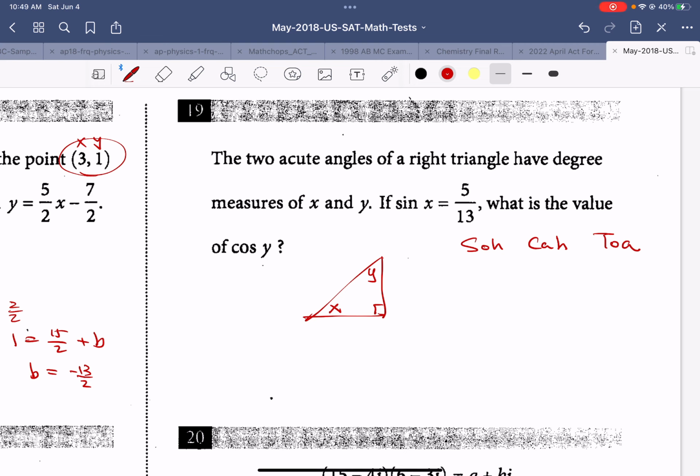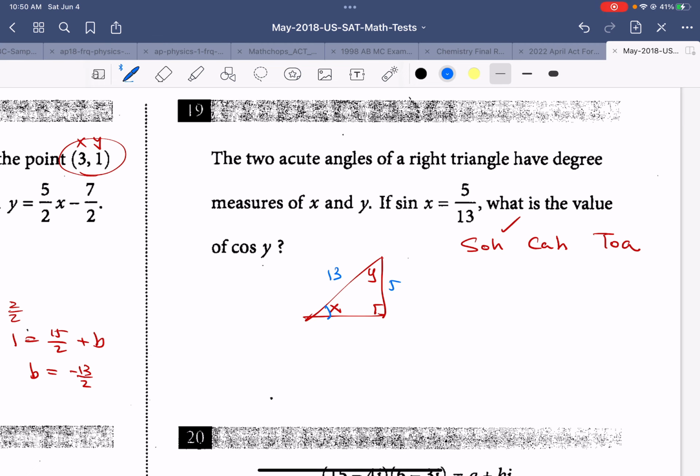So I'm going to use sine. So sine of this angle right here, opposite 5/13. And in the beginning of this test, as I said earlier, there are Pythagorean triples. They give them to you, but this one is not there.